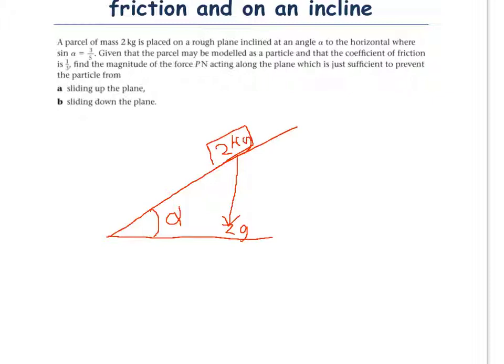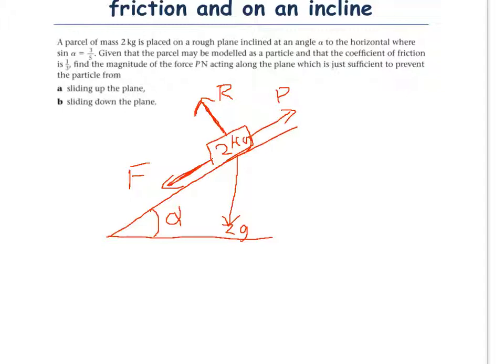And we've also got from the plane to the particle a normal reaction perpendicular to the plane. If it's going to be sliding up the plane, as it is in part A, then the friction will be opposing motion downhill, and there's a force P acting on it to stop it sliding up the plane.